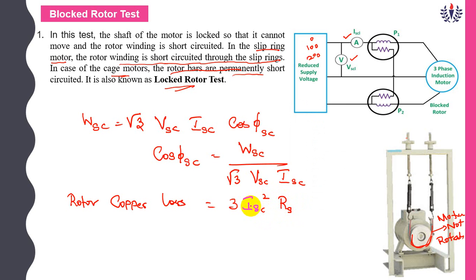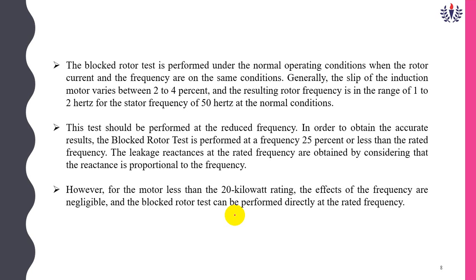Do you have any doubts here? This concept is nothing but the locked rotor test. This locked rotor test is performed under normal operating conditions, when the rotor current and frequency are on the same conditions.